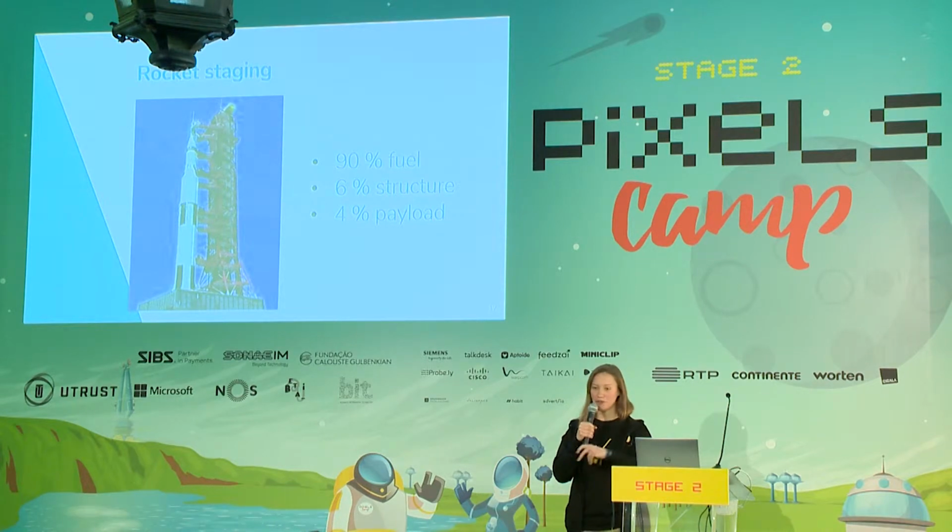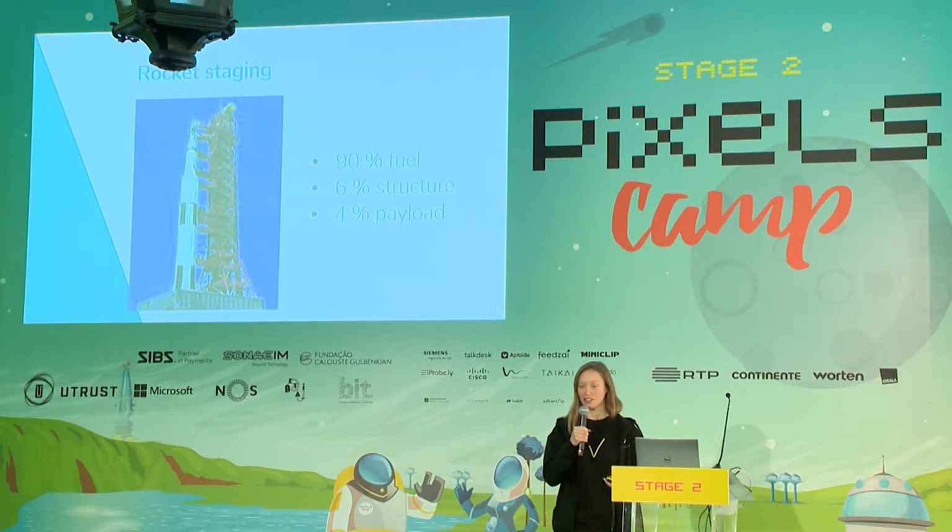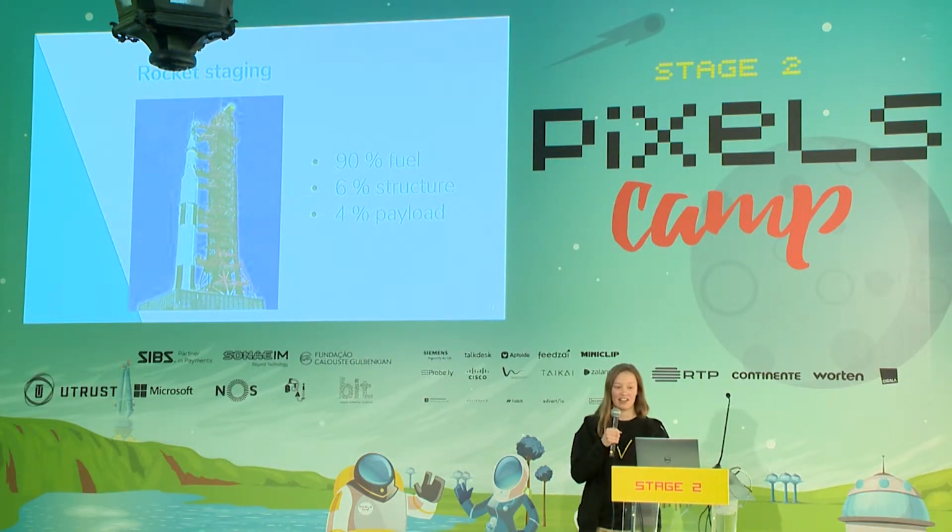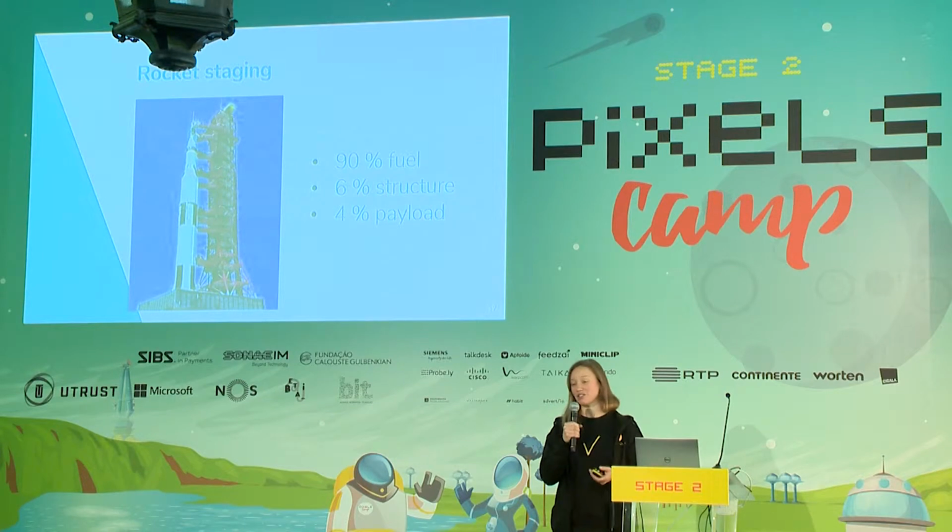So if you emptied it of all the fuel, it would only weigh 1/10 of what it would be with the fuel. And only 4% of the rocket is the payload, the satellite, for example, that is launched into space. The reason is that you need a lot of power to be able to launch into space.